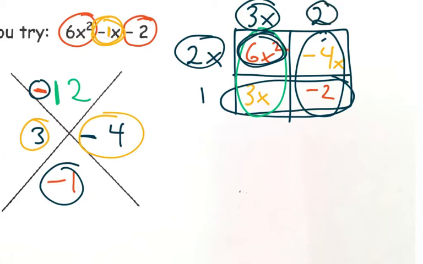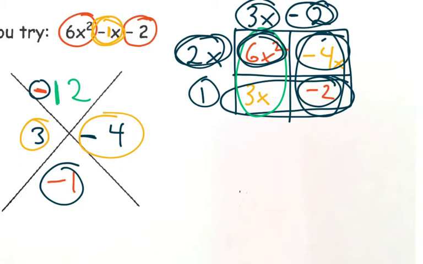Now notice 2 times 1 has to be a negative 2. So one of them has to be a negative, right? And I'm going to make the 2 negative because negative 2 times 2 is negative 4x. And now I have negative 2 times 1, negative 2. And if I leave this so positive 1, 1 times 3x is 3x.